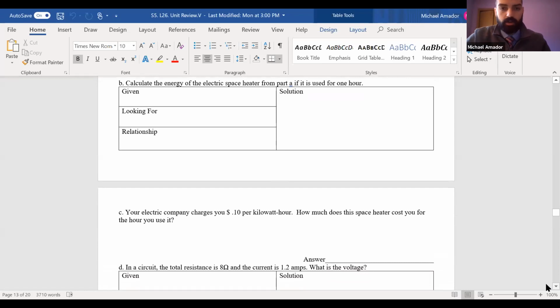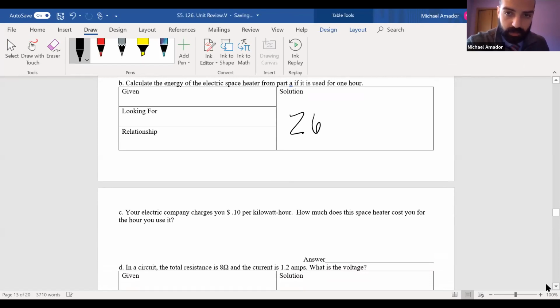So let me jot in here, our solution for this one was 2,640 watt hours. The next question is asking, your electric company is going to charge you 10 cents per kilowatt hour. How much does this space heater cost you for the hour that you use it?